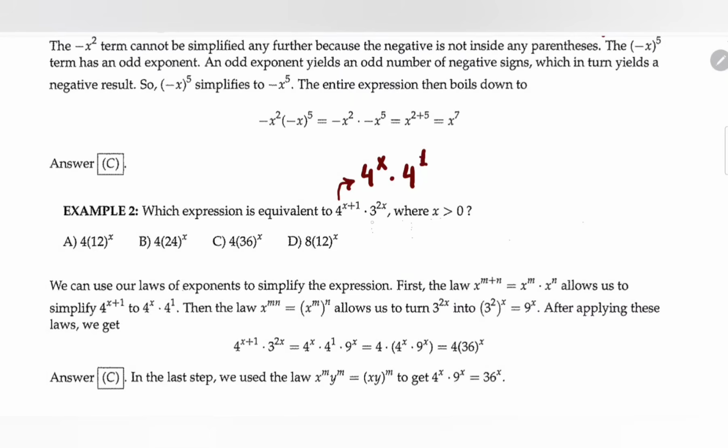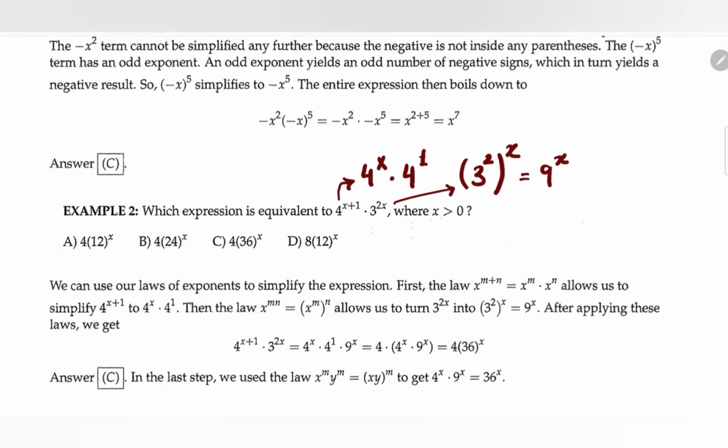And what about this one? 3 to the power 2x. So I can write it as 3 to the power 2, all to the power x. And what about 3 to the power 2? It's 9. So it's 9 to the power x.